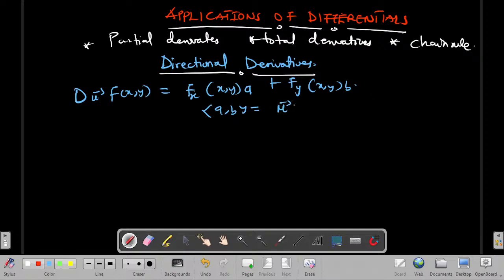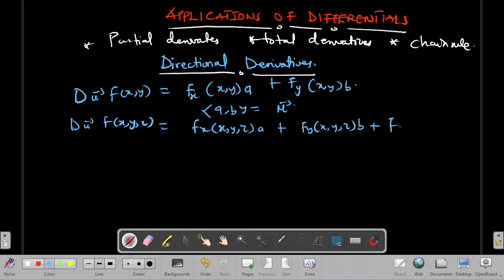This is for two variables, right? So you can do similar for three variables where you have f of x, y, z. It happens that you have f_x of (x, y, z) multiplying a plus f_y of (x, y, z) multiplying b plus the partial derivative with respect to z, since it's three variables, of (x, y, z) times c.